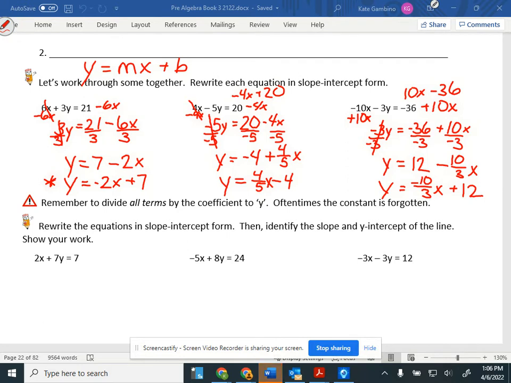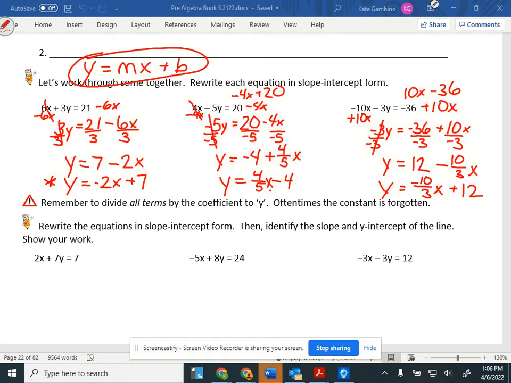I did it reverse, but it's okay. We get whichever way works for you. I switch it at the end, he switched it at the beginning. We get the same answer. You just have to remember to flip it if you do it. Right, you just need to make sure that you end up with it in the y-intercept form with the mx plus the b. Okay?